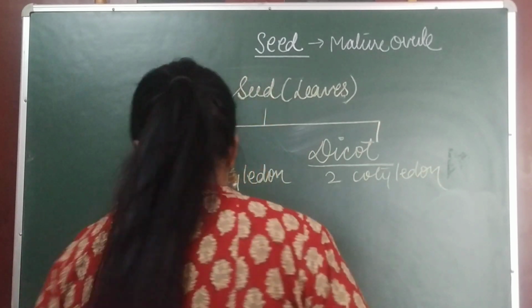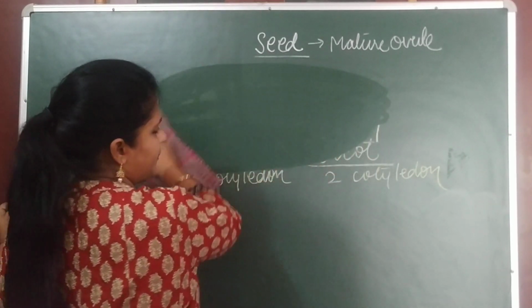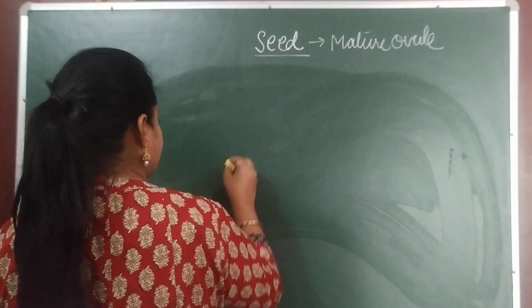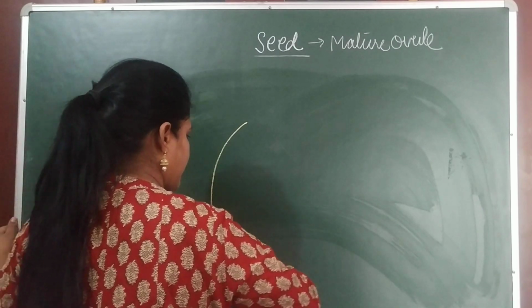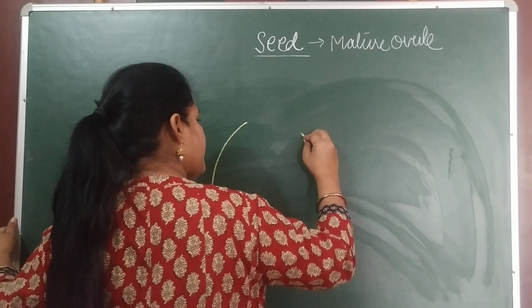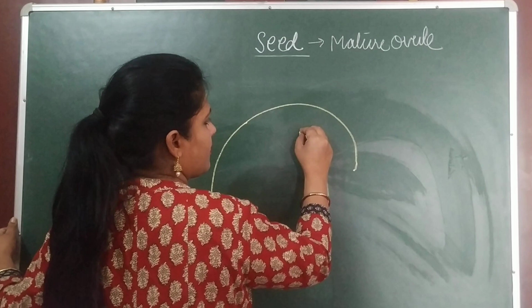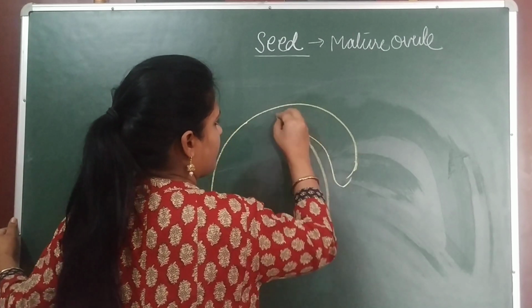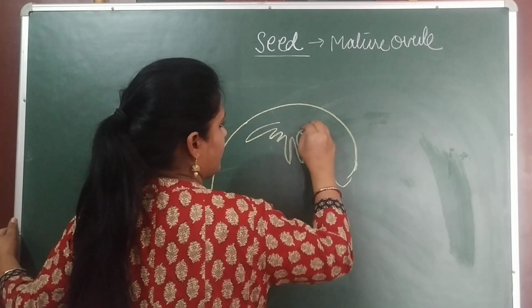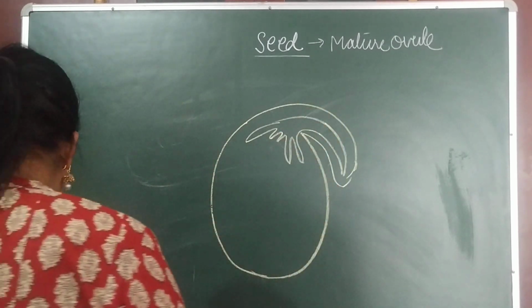Okay, now let's understand the embryonic axis. This is a seed. This is a rough diagram of a seed.